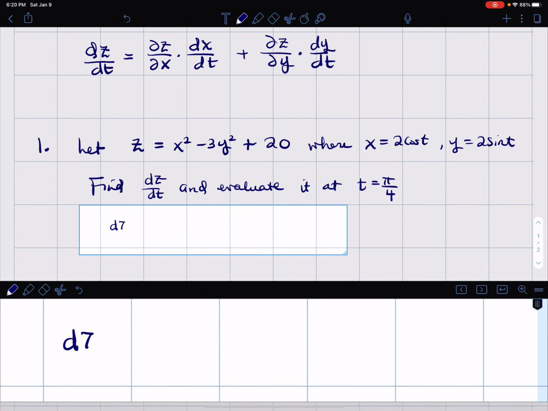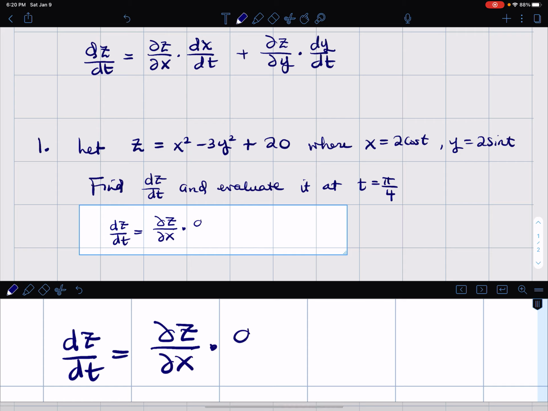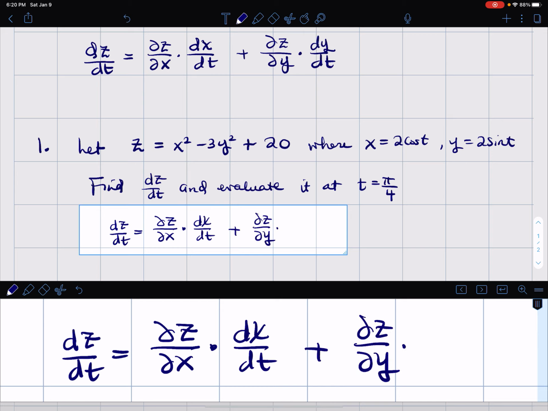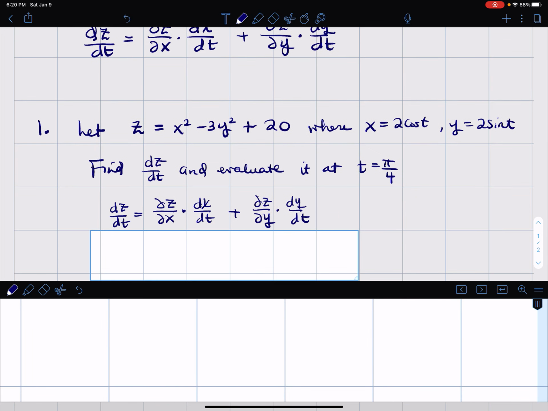dz/dt is equal to the partial with respect to x times the derivative of x with respect to t, plus the partial with respect to y times the derivative of y with respect to t. Partial with respect to x: take the derivative of z with respect to x, and that means you have to treat y as a constant.